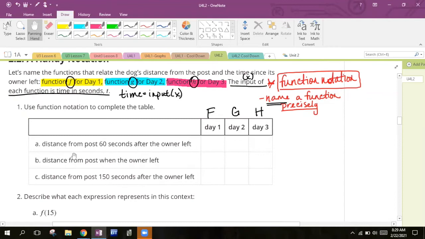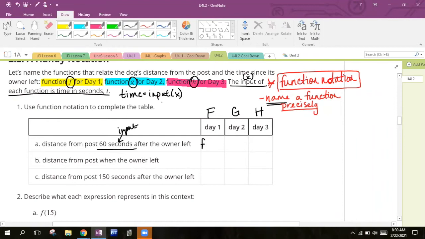Okay, so when we're talking about representing this function, and we're talking about the distance from the post 60 seconds after the owner left, remember this is our time, that's our input. So when you're writing a function, you put its name first. So F, this is day 1. And it wants to know it's 60 seconds after the owner left.